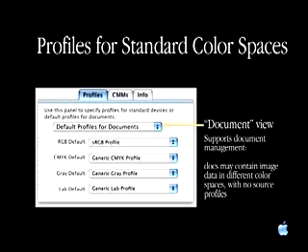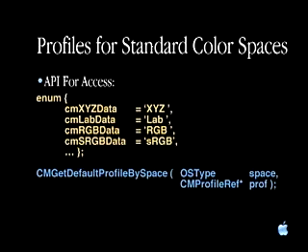Now, if the data has a profile associated with it, then that takes precedence, but often documents don't have profiles in them. And this is where the user gets to set up their preferences for what happens when there is no profile associated with the color data. The application can get access to this preference by using the CMGetDefaultProfileBySpace API. They pass in one of the color space types that are defined in our headers, and they get back a profile reference. And this would be appropriate, obviously, as a source profile. It's a default profile for the colors coming in.